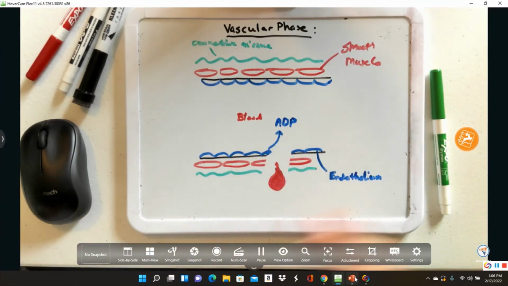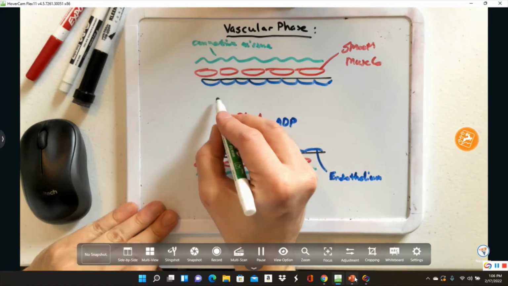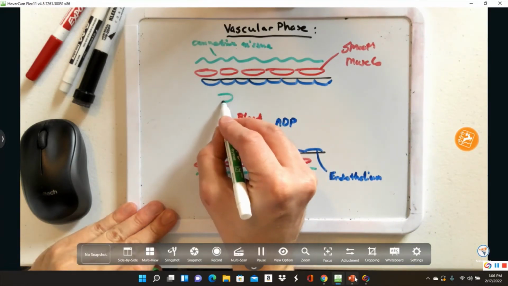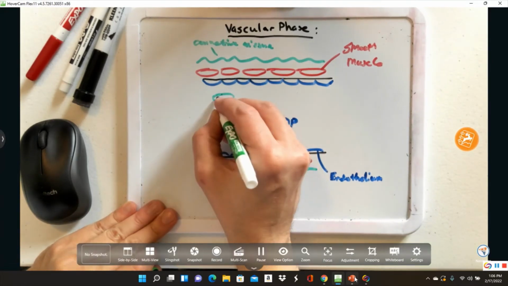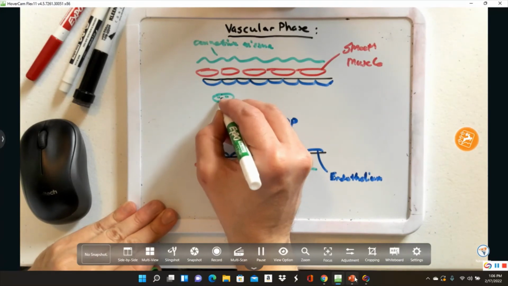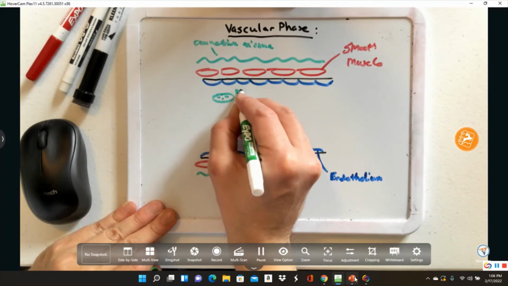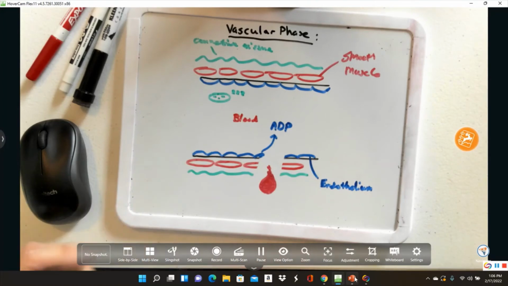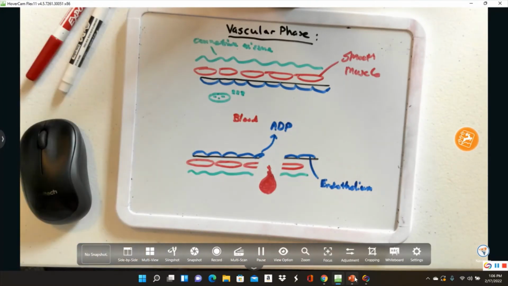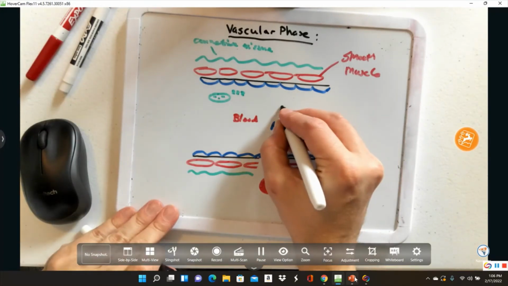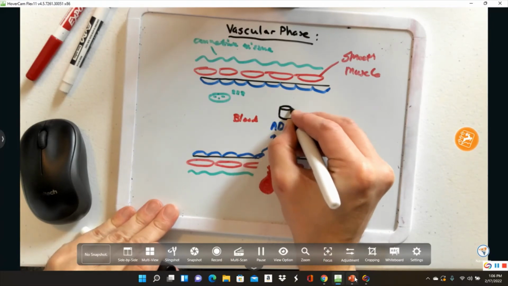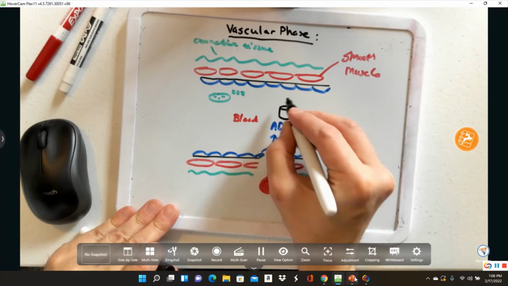Now, what's ADP going to do? Later on, we're going to see my platelet, and we're going to see this platelet is asleep. This ADP molecule is basically going to be like a cup of coffee.